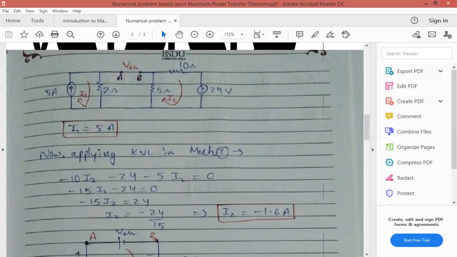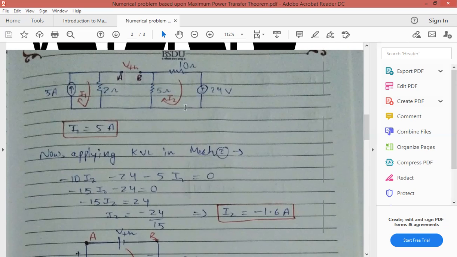In mesh 1, a 5 ampere current source is already available, so there is no need to apply KVL in this mesh. I1 will be 5 ampere, because the direction of I1 and the direction of the 5 ampere current source is the same.